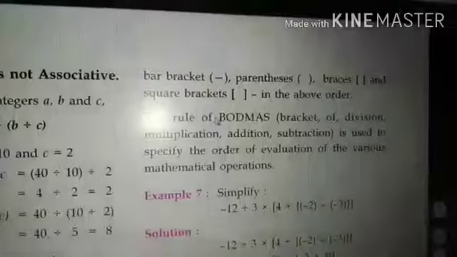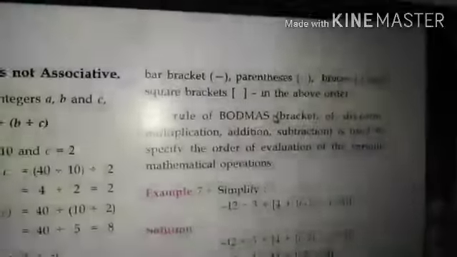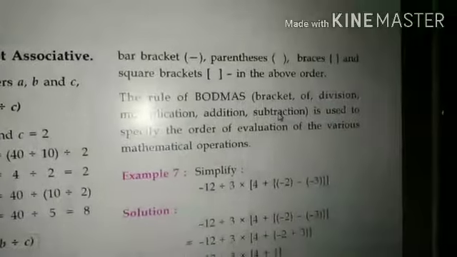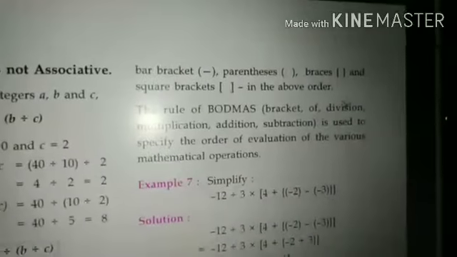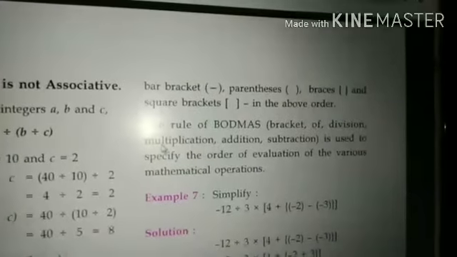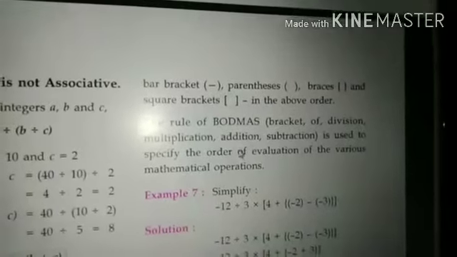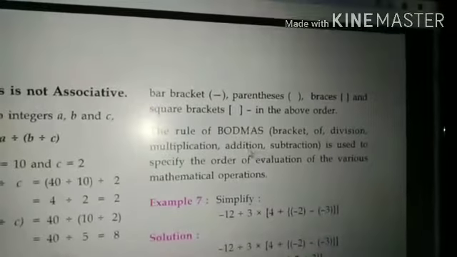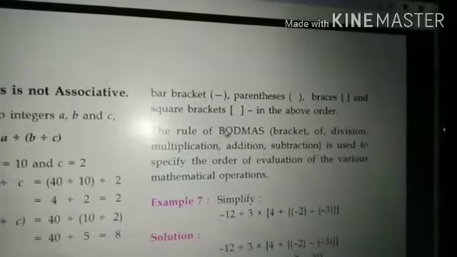The rule of BODMAS is: B for brackets, O for of, D for division, M for multiplication, A for addition, and S for subtraction. So students, again I will explain.